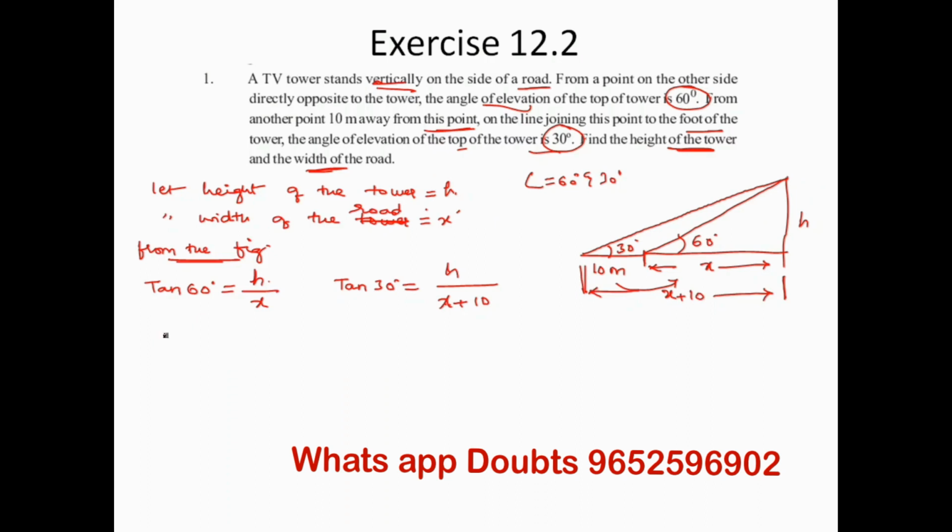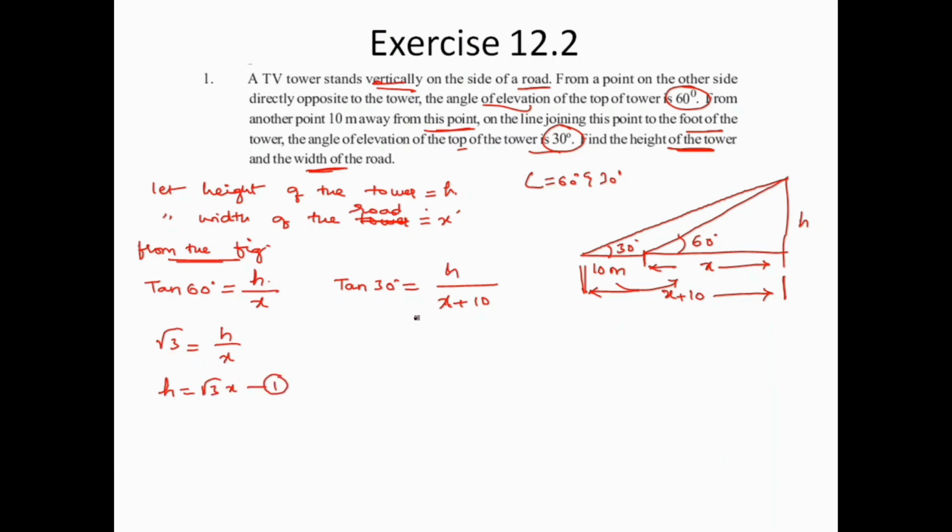So tan 60 is root 3, equivalent to h by x. When I'm substituting for the value of h, what I'll get is root 3x. Let me name it as equation number 1. And similarly, tan 30 is equal to h by x plus 10. And tan 30 is 1 by root 3, equal to h by x plus 10.